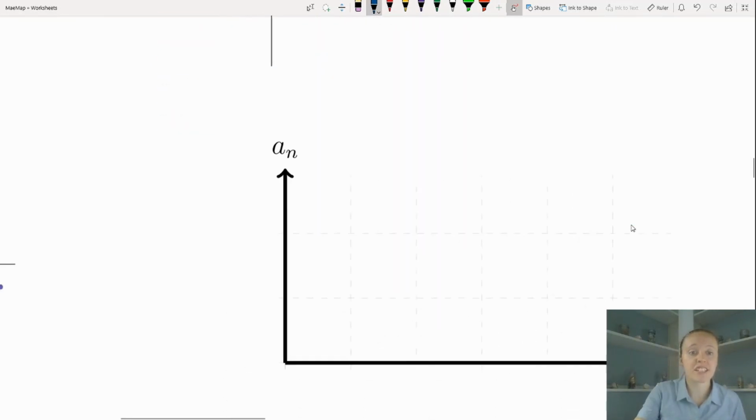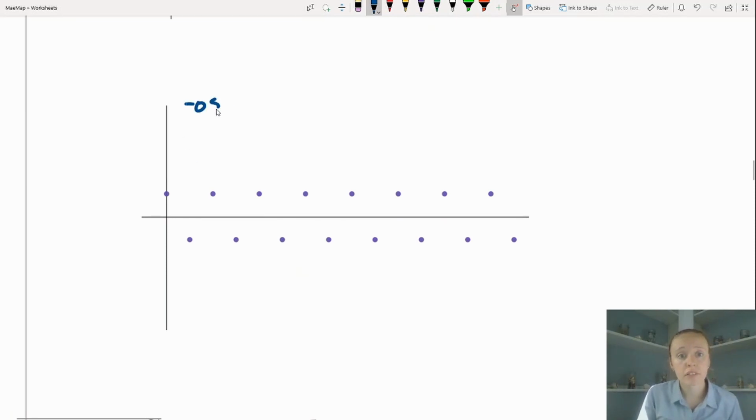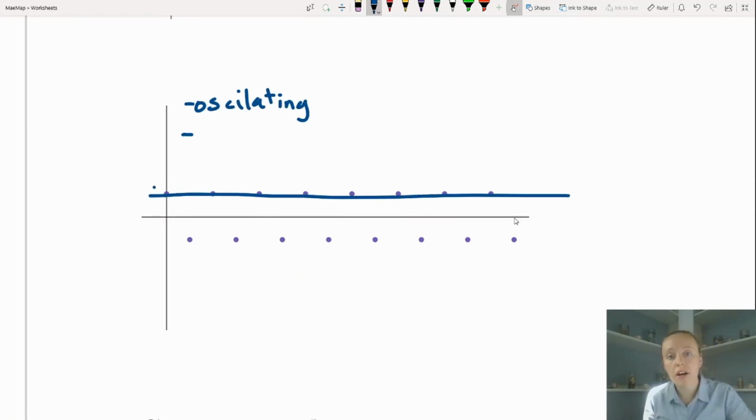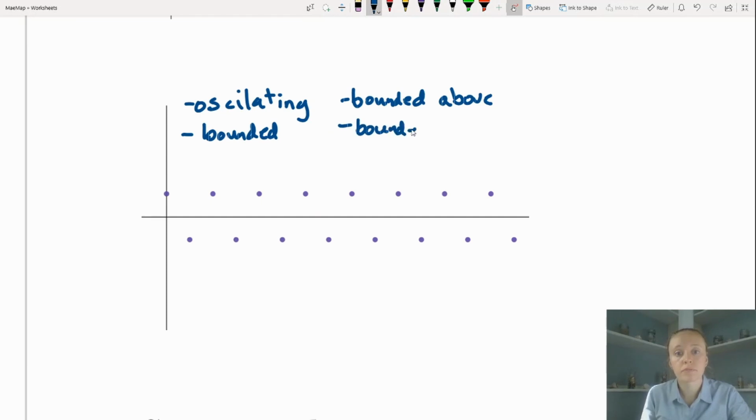However, let's look at this next example. Again, we're oscillating. You can see that we're bounded above and we're bounded below. Therefore, we're overall bounded. However, unlike that previous sequence where we saw that it was converging, this is always going to go from the same positive number back to the same negative number.